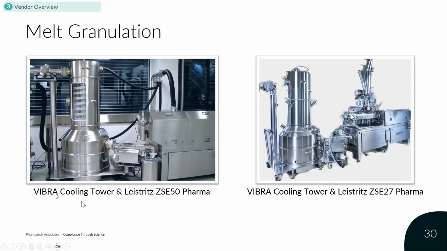On this picture, you have a loss-in-weight feeder where the pre-blend goes in, you melt granulate the product, you go to a vibratory screen, then a vibratory tower, while the material is conveyed up it gets more and more cool, and these granules then go into a sieve, a kind of dry mill, to calibrate the product.